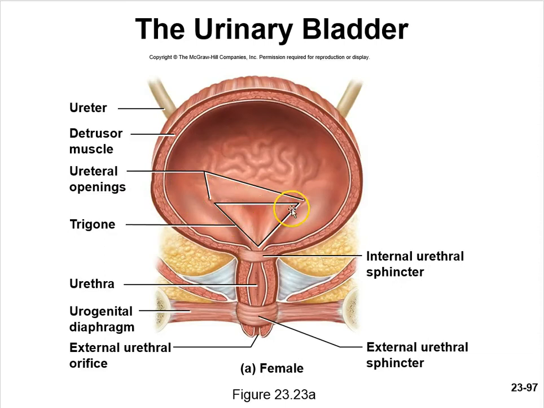Here's the trigone. Here's the internal urethral sphincter, the urethra itself, and the external urethral sphincter, and then the urethral orifice in a female.